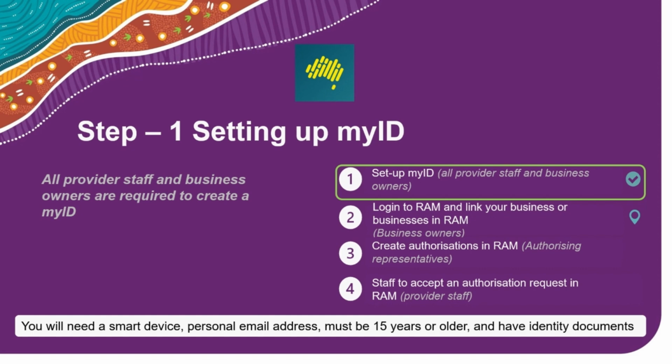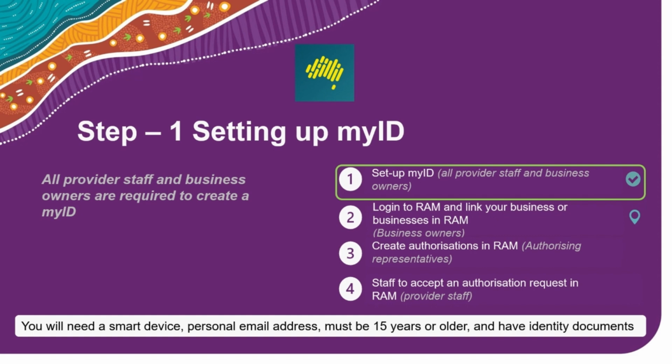Setting up myID is mandatory for all provider staff and business owners who need to access the NDIS provider portals. To set up your myID, you will need a smart device. The myID app is compatible with most smart devices such as smartphones and is only available from the Apple App Store or Google Play.